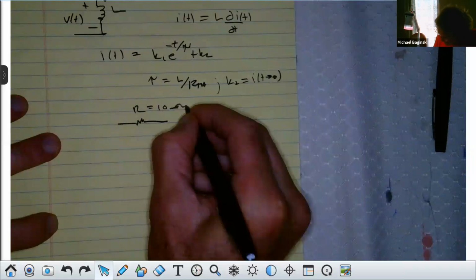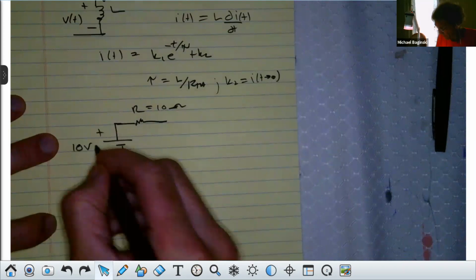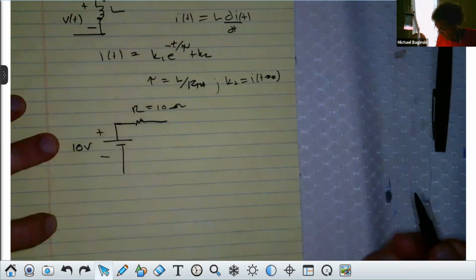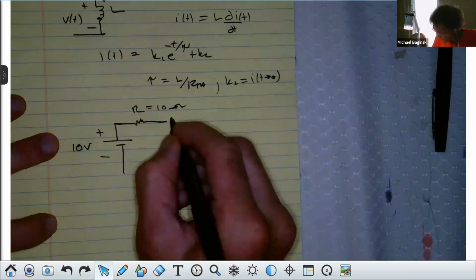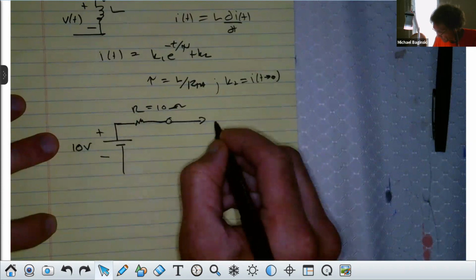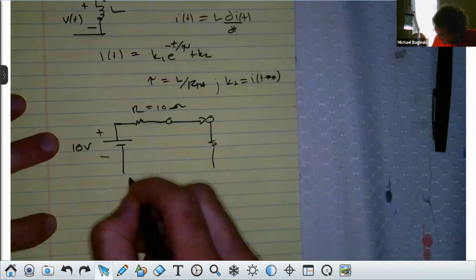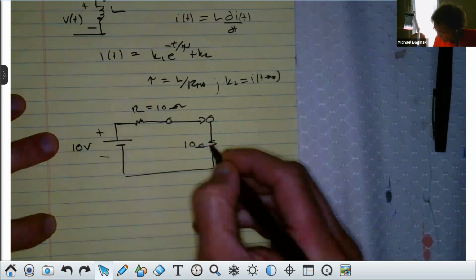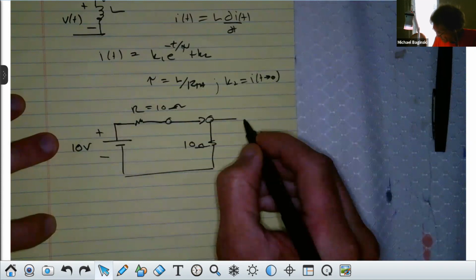I'm going to have a voltage plus to minus 10 volts, all right? Then I'm going to have a switch. I'm going to have another resistor right here, and I'm going to have an inductor.